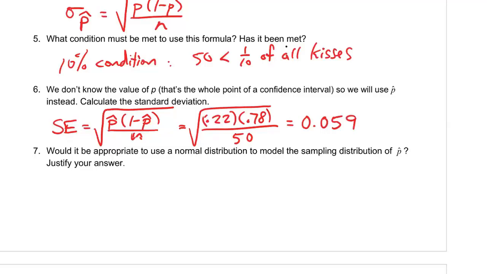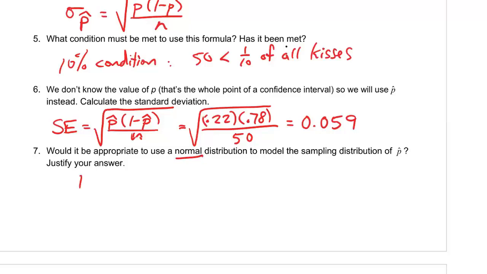And number 7, would it be appropriate to use a normal distribution to model the sampling distribution of p hat? What you have to do to justify normality is check what we call large counts. Did you have at least 10 successes and 10 failures?